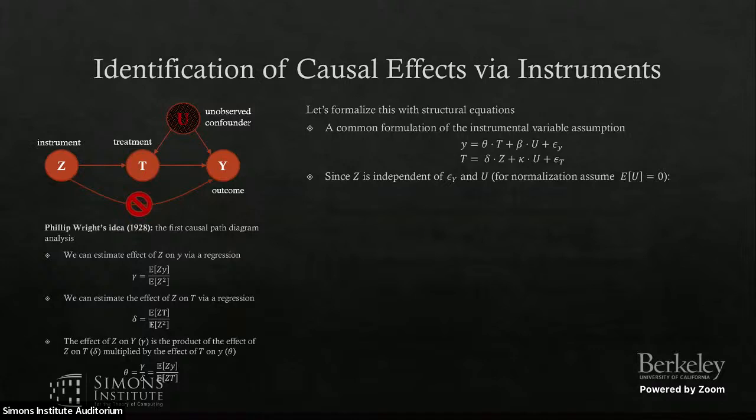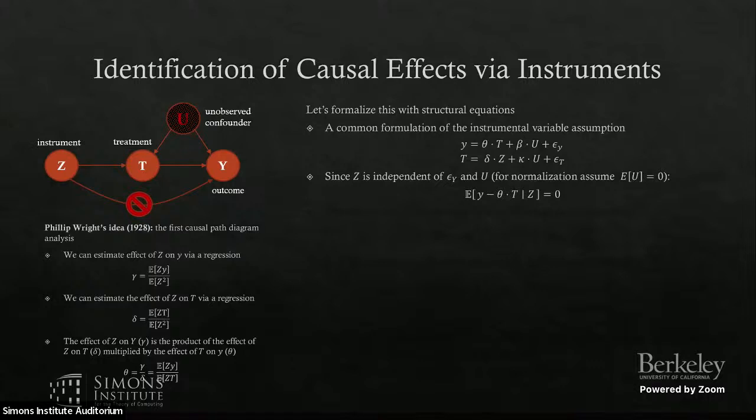And the main assumption that allows you to identify the effect is that the instrument is independent of this error that goes into the first equation, which is both u and epsilon y. So the instrument is independent of these two variables. And as a normalization, let's make the overall mean of these two variables be 0. Otherwise, you need to add a constant here.